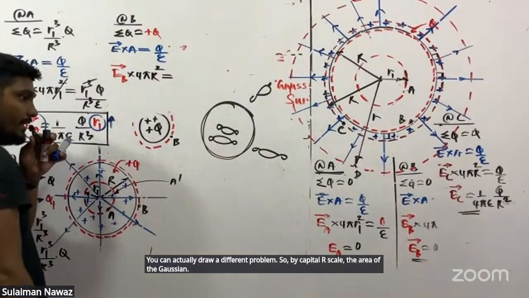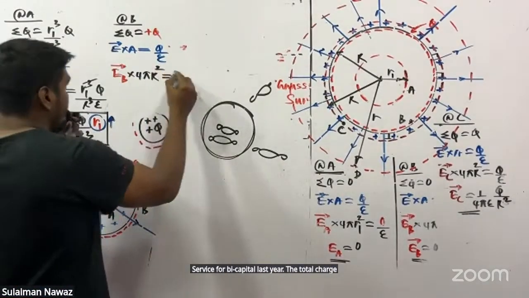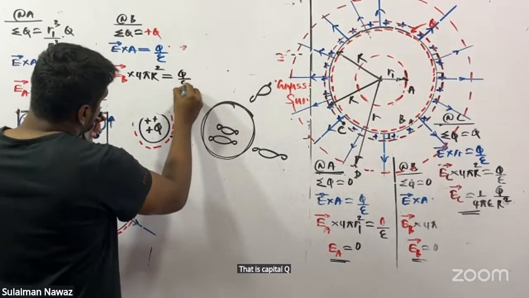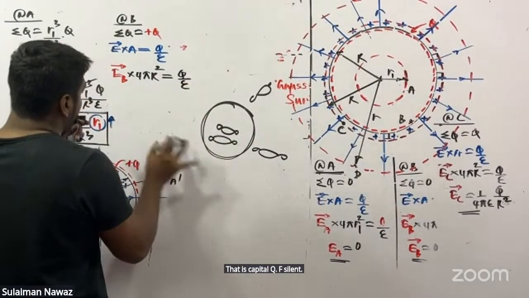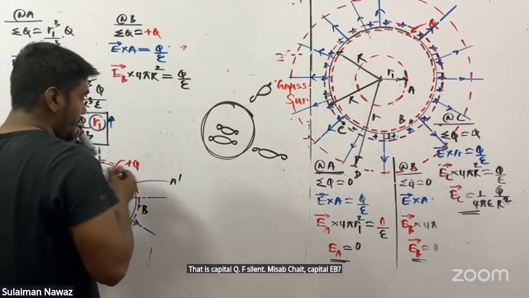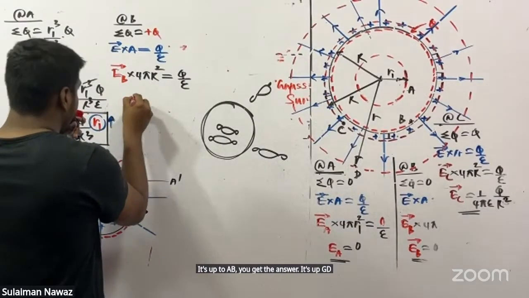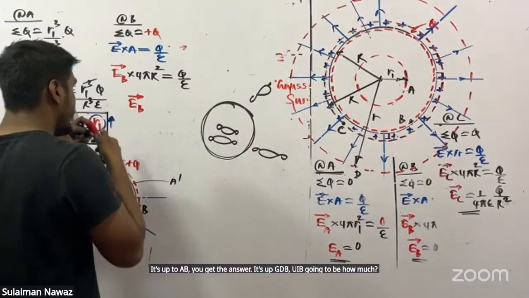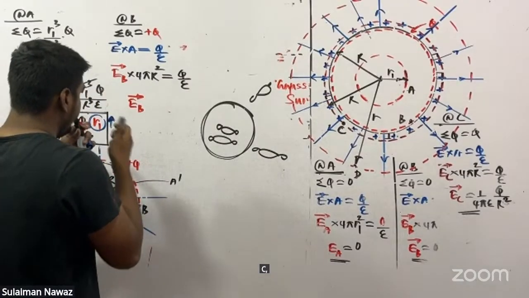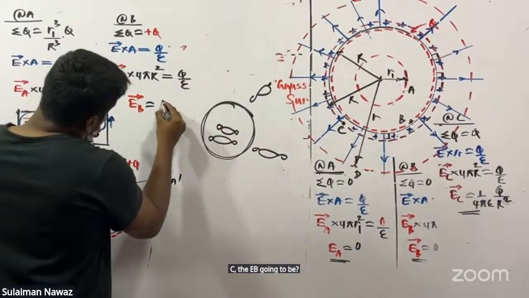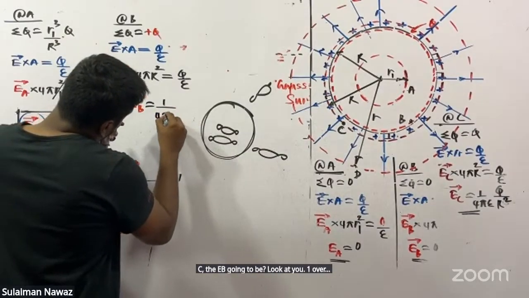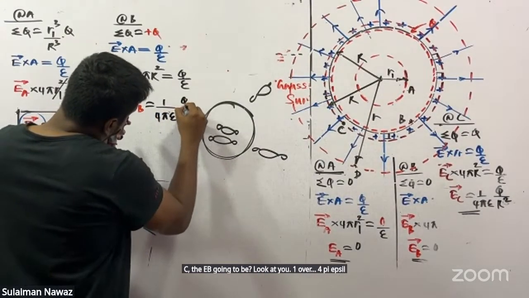The total charge inside the Gaussian surface is capital Q over epsilon. Substitute for capital EB, and you get the answer. Your EB is going to be 1 over 4 pi epsilon, capital Q over R square.